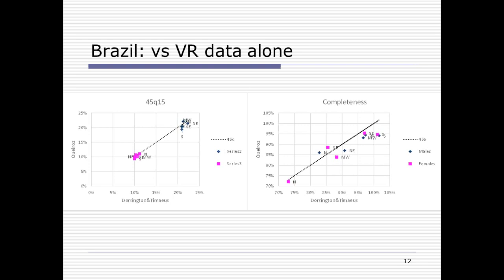A huge distinction, a difference between the mortality of males and females. And when we look at the completeness estimates, they lie fairly close to the 45-degree line, certainly with the possible exception of the south region, within the bounds of uncertainty of the methods.